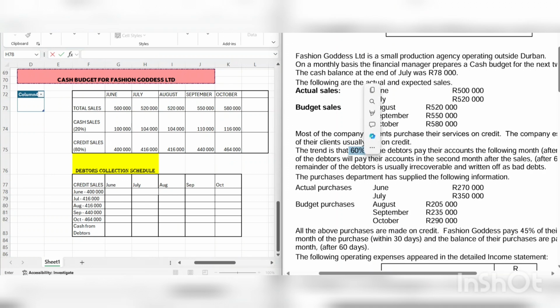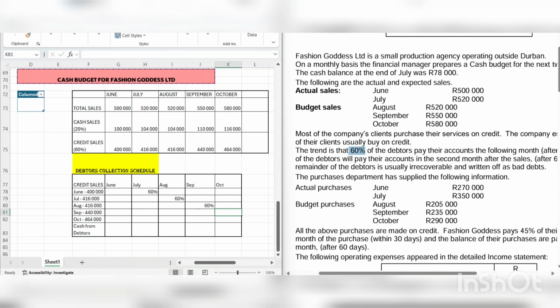So we know that for the sales that we made in June, we only collect in July. The first thing we're going to do is, we know that 60% of the sales made in the current month will be collected in the following month. So let's put 60% for each of the following months. If we made a sale in June, we'll be collecting that 60% in July.